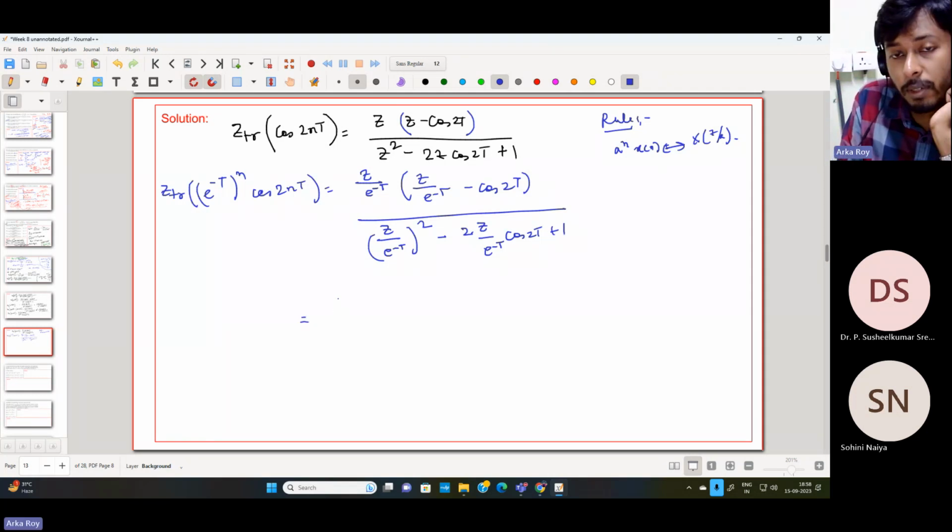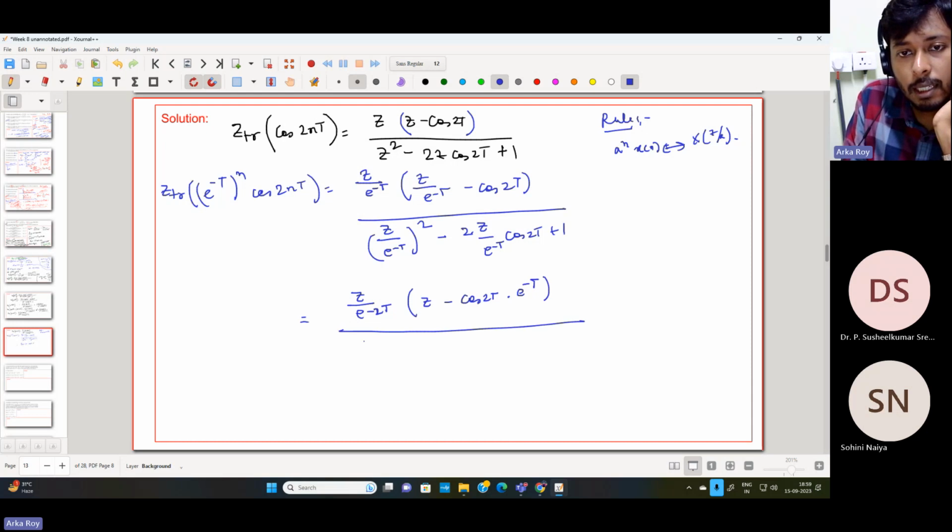Now if I simplify this whole thing, it would be z times e to the power minus 2t. So I can write z minus cos 2t multiplied with e to the power minus t. And over here, I can take z square minus 2z cos 2t e to the power minus t plus e to the power minus 2t, divided by e to the power minus 2t. So e to the power minus 2t cancels each other.